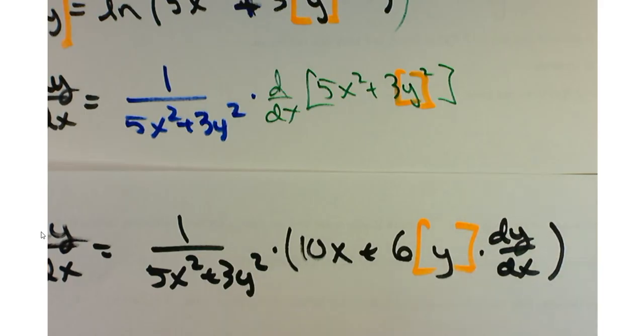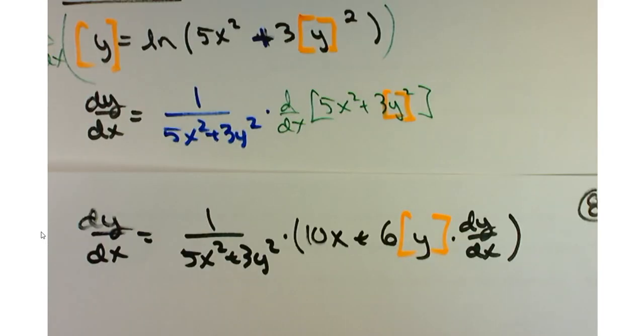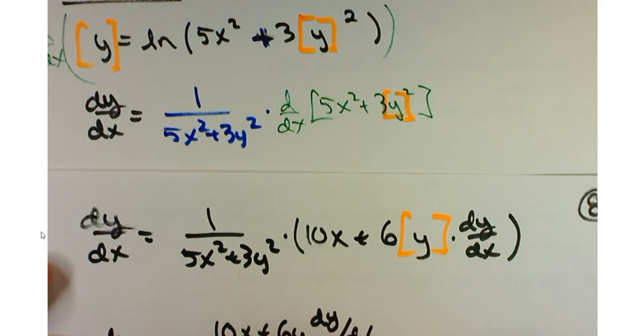And that's kind of tough. It's like, oh wow, we got dy by dx in a couple places. But let's rewrite this and clean it up a little bit. All of this is in the numerator. So I've got 10x plus 6y dy by dx all over 5x squared plus 3y squared.